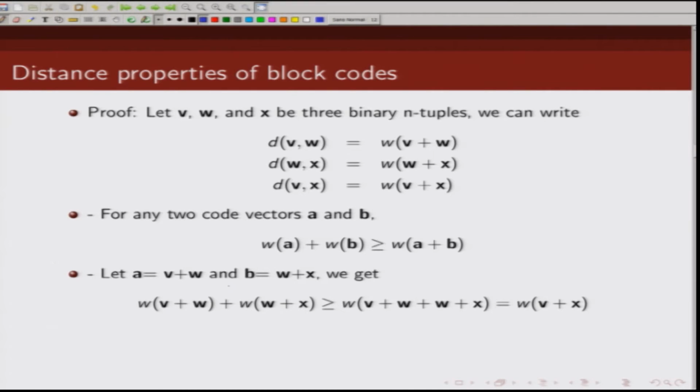So, we can replace this by Hamming distance between v and w, this by Hamming distance between w and x, and this by Hamming distance between v and x. Hence, we get the Hamming distance between v and w plus Hamming distance between w and x is greater than or equal to Hamming distance between v and x.